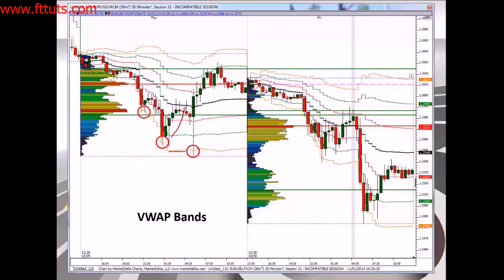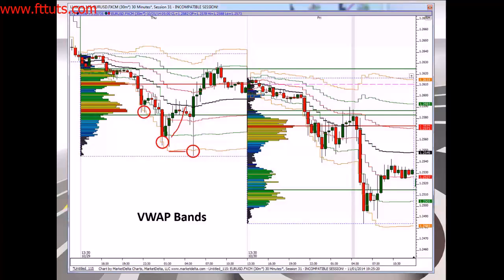Really pick it at the prime point. Individuals that are not familiar with the VWAP and of course the profile miss out on many of these nice opportunities. So now we pop right back up in that 30-minute period to the VWAP, and we close above it, and we continue to move higher.